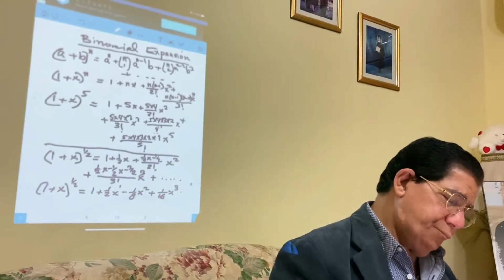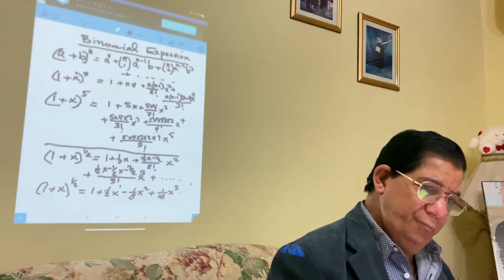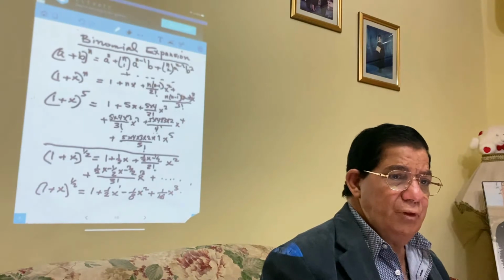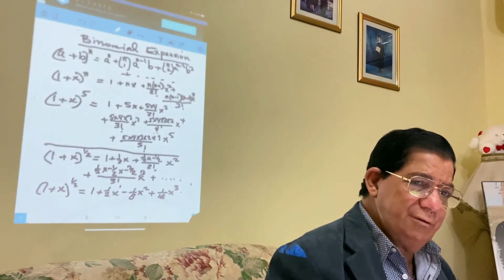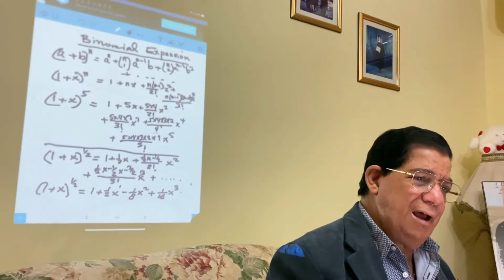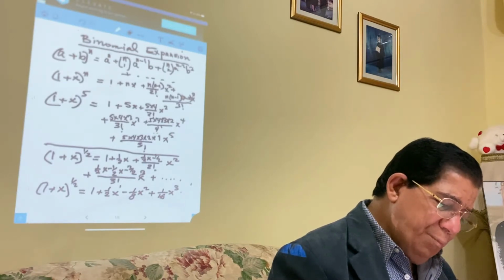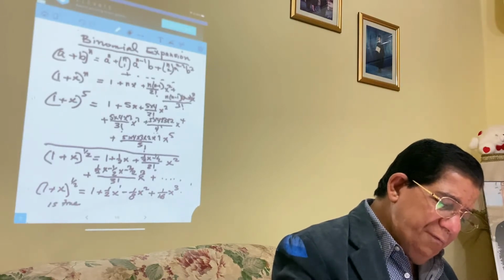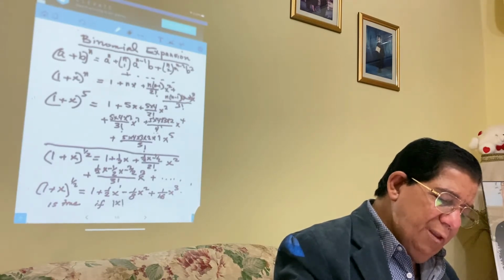When will the remaining terms be of negligible value? If the value of x is less than 1, because it is known that if x is less than 1, then x to a higher power is much, much smaller and can be neglected. Therefore, this expansion is true only if the modulus of x is less than 1.